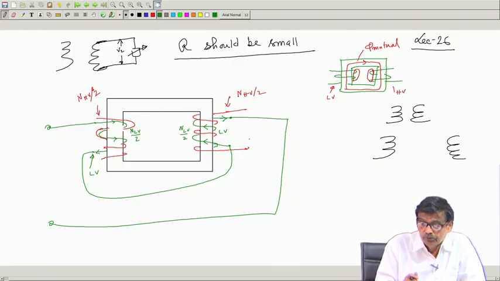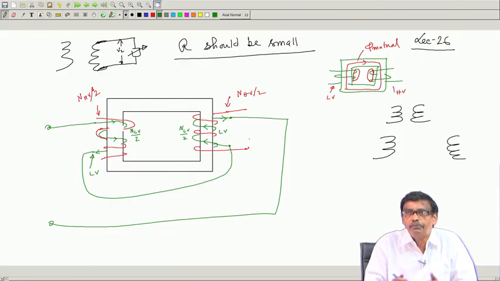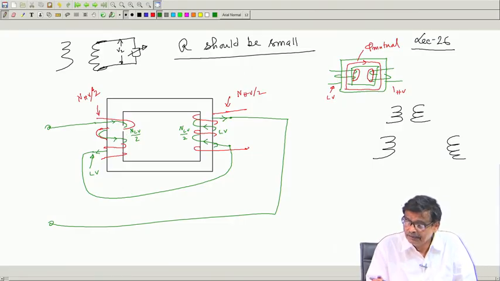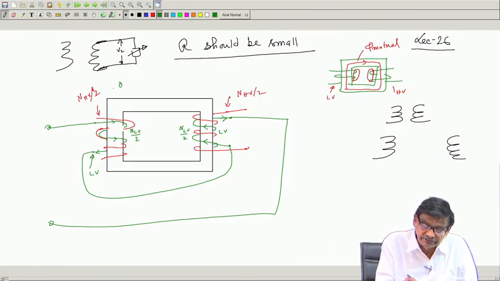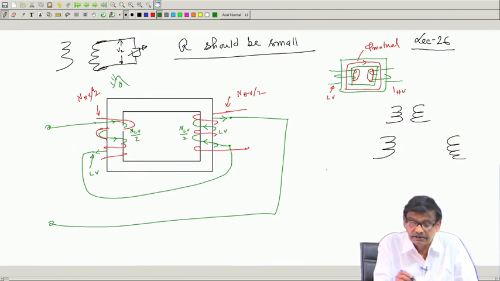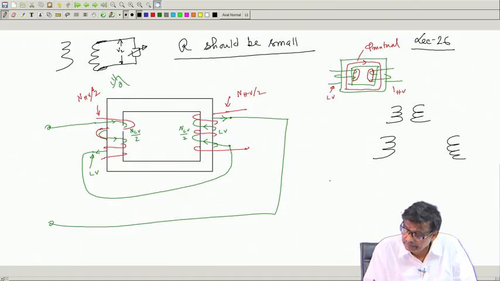By doing so, what you will be reducing, that is, these 2 coils will be now brought in close proximity. So, leakage flux will be reduced because they are close by. So, if you see the section of this limb, for example, what I mean, this is the cross sectional area.